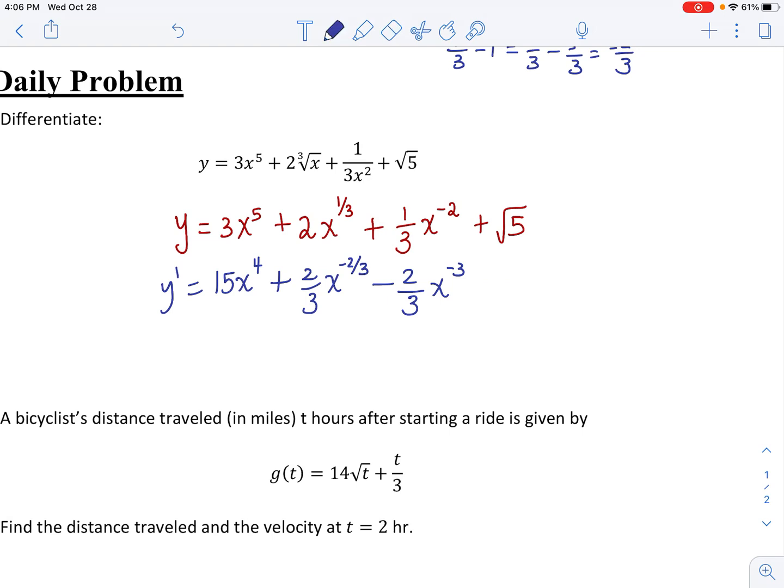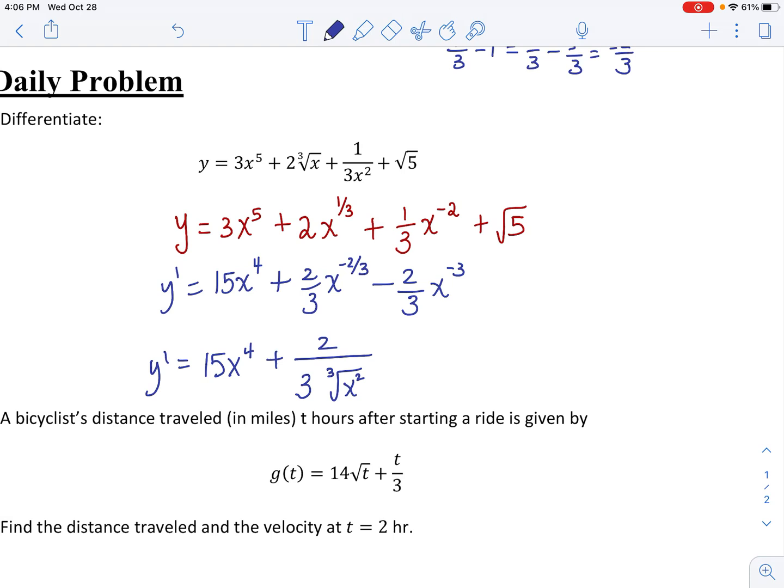If you want to simplify this, 15x to the 4th power is perfectly fine. I don't see the reason, you can stop right here. We don't have to simplify this. But why not? If you try to rewrite it in a different form, you can write it as 2 over 3 times the cube root of x squared. So it's not any better than what I used to have.